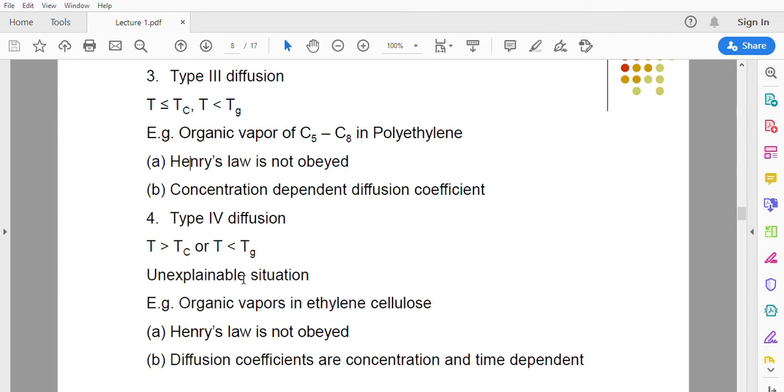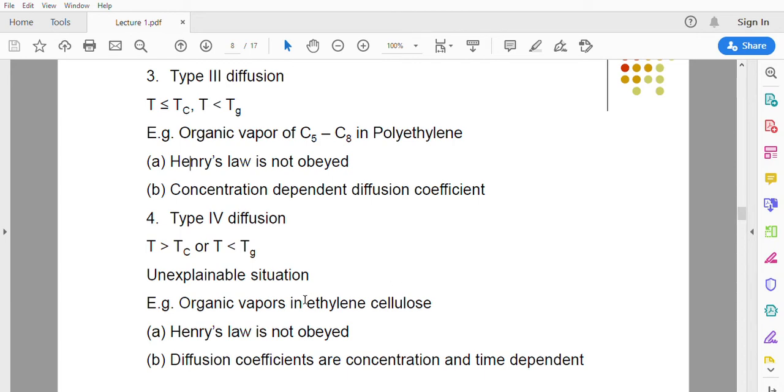Both are present in the supercritical condition, and you want to separate them using a polyethylene cellulose membrane. Polyethylene cellulose is stiff at environment temperature. So the glass transition temperature of this polymer is higher than the atmospheric temperature.